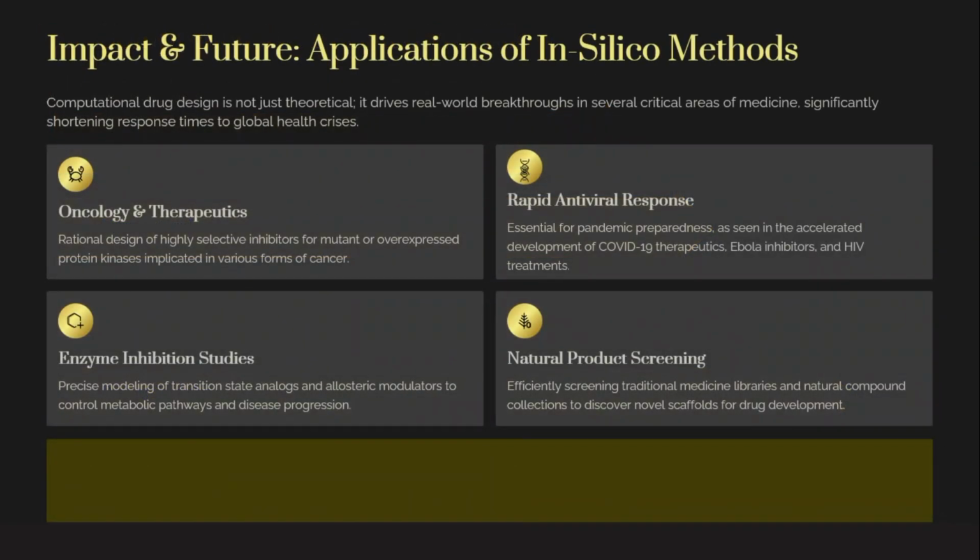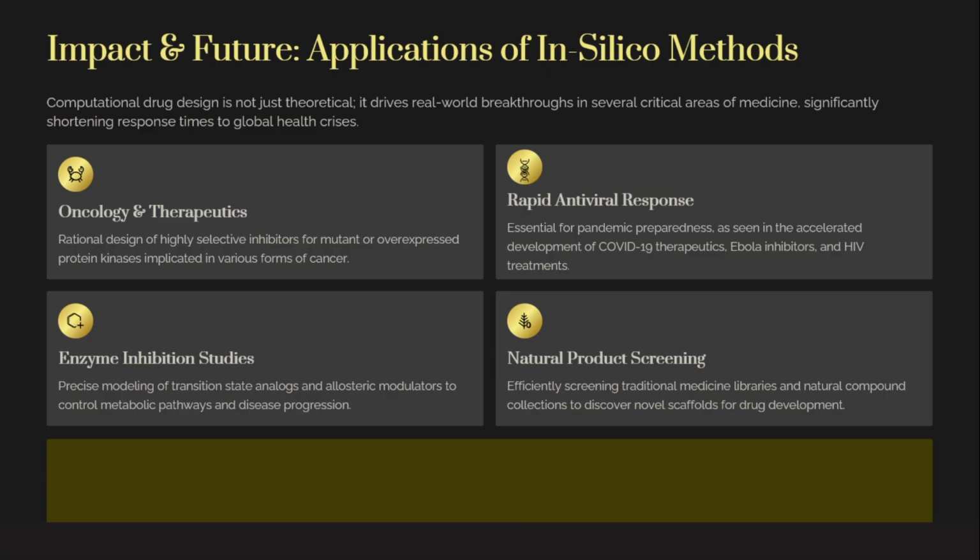Real world applications, impact and future of drug discovery in silico methods. These methods aren't science fiction, they are happening right now. Most of the research you will go through will include in silico. They also do in vitro, but in silico research papers are now coming out in bundles.